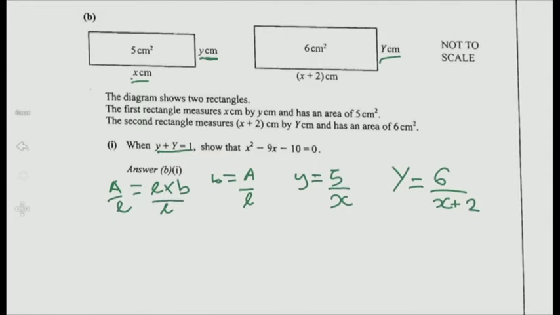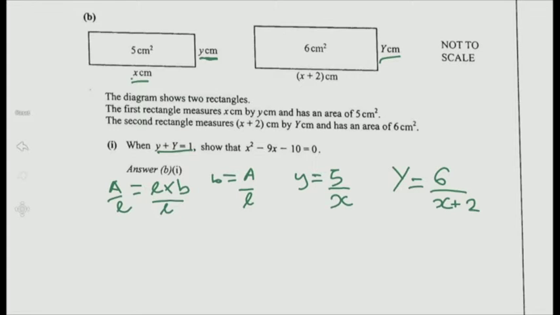So now we have expressed the two widths in terms of x. But then, referring to that statement, y plus Y is equal to 1. So we can substitute small letter y by 5 over x.